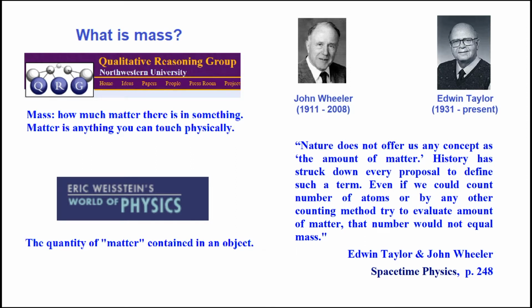History has struck down every proposal to define such a term. Even if we could count number of atoms or by any other counting method tried to evaluate amount of matter, that number would not equal mass. Now isn't that incredible? Here we have on the one hand, on the left, it's the quantity of matter. And on the right, these people say, no, that's not mass.